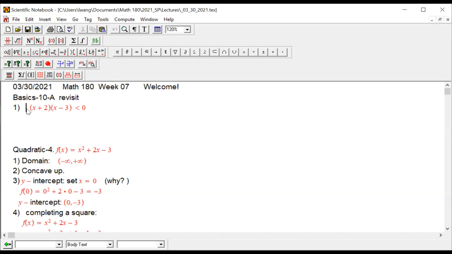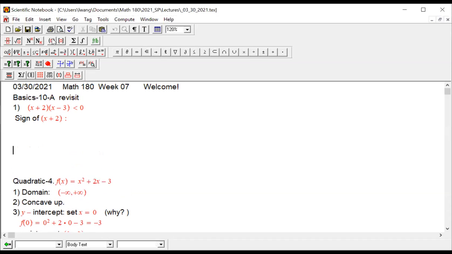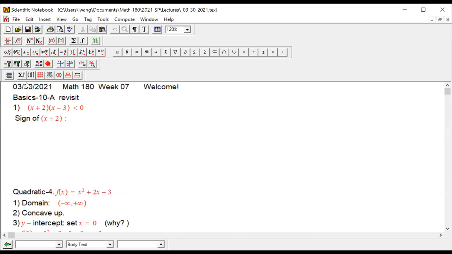So we also talked about this other method, by doing the quadratic. When we were doing number 1 in 10a, we used 2 methods, didn't we? Could you guys go back to look at the notes? One is by the sign, where you work with the sign of x plus 2 and so on and so forth.